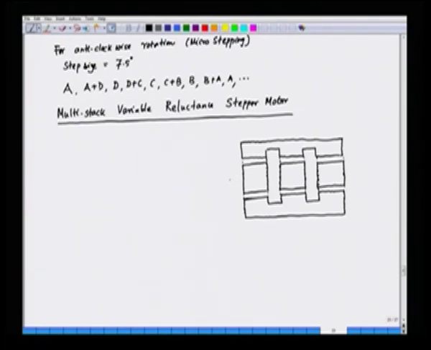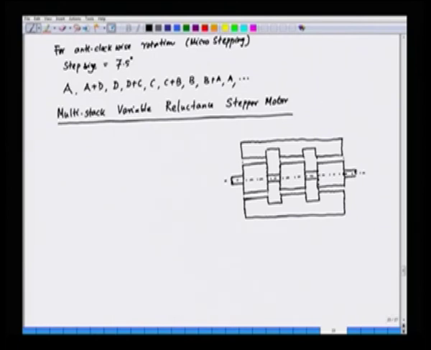And we have the shaft here. So, this is the shaft, the rotor shaft here. It is mechanically connecting all the rotor stacks.